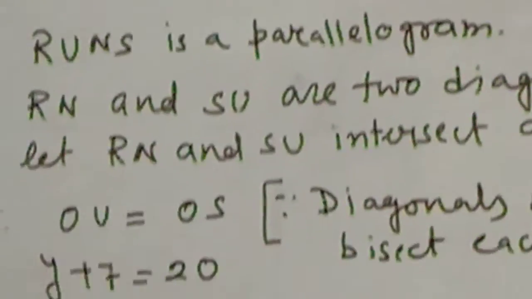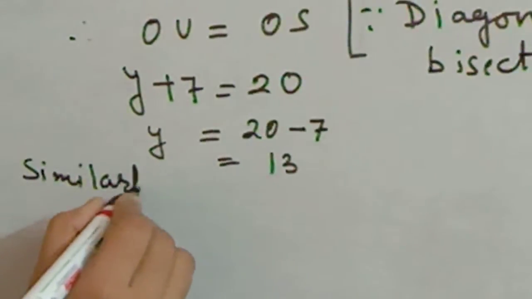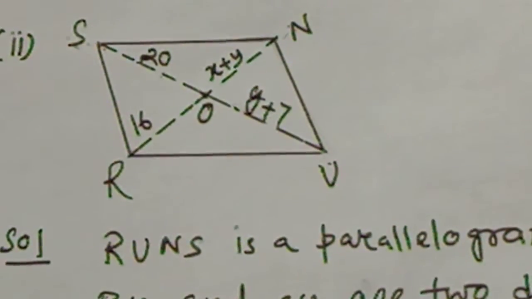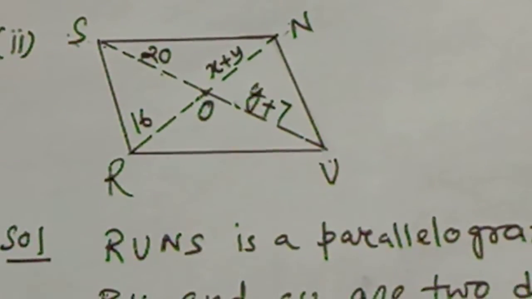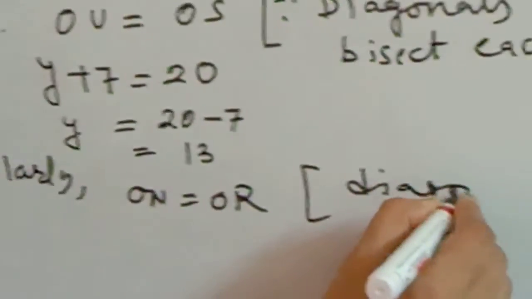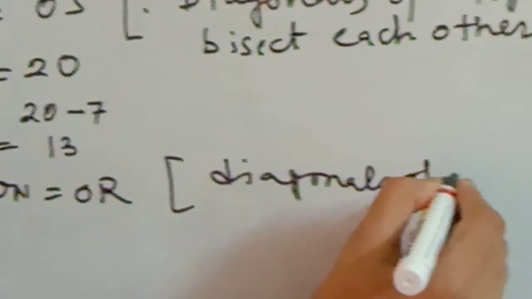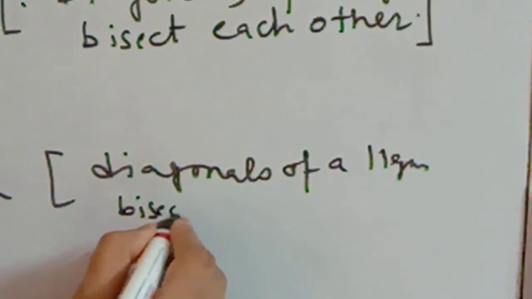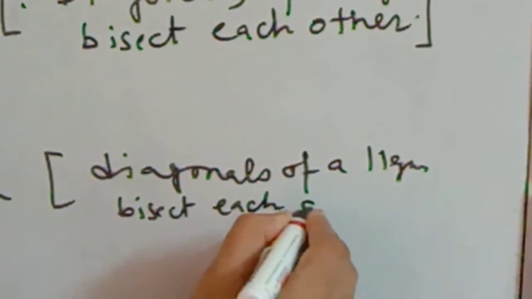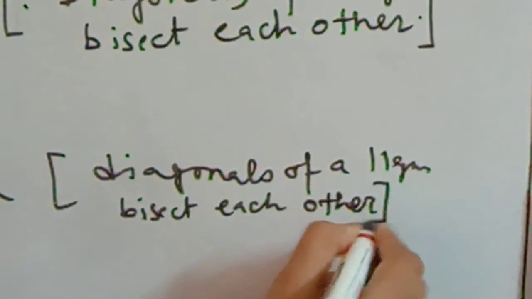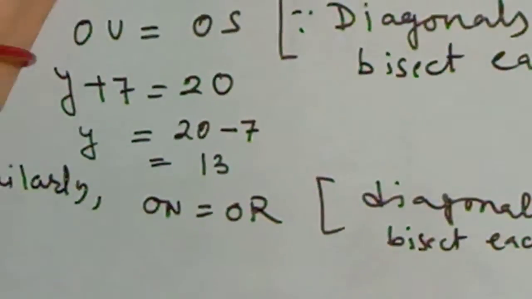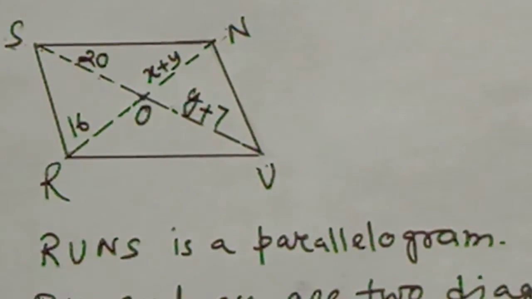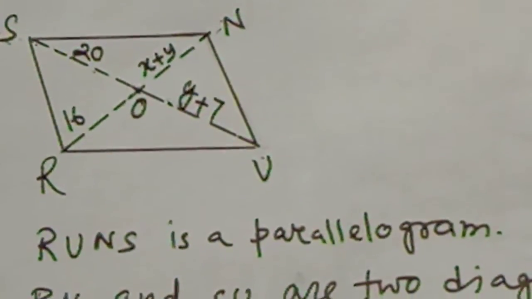Similarly, ON is equal to OR, diagonals of a parallelogram bisect each other. ON means x plus y. x plus y is equal to OR means 16.